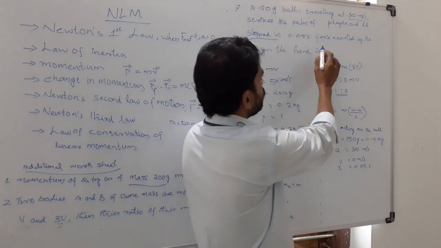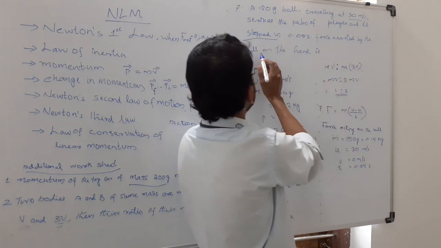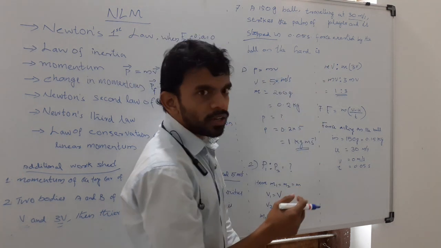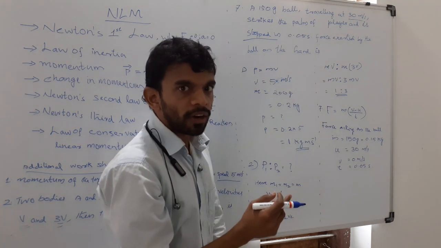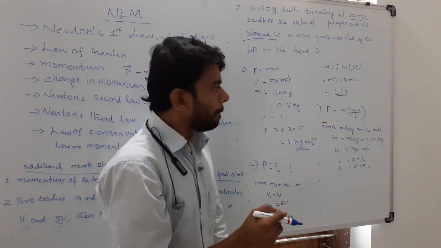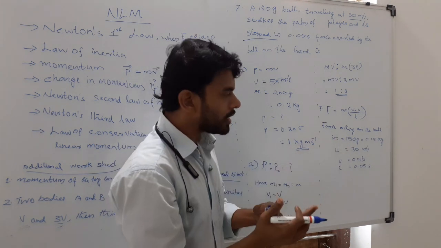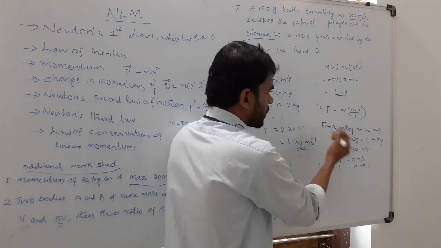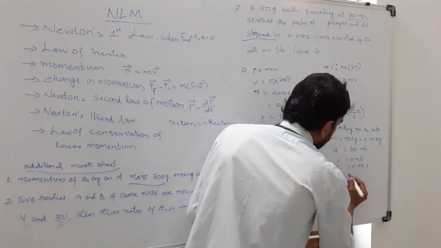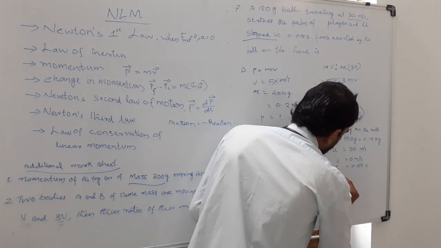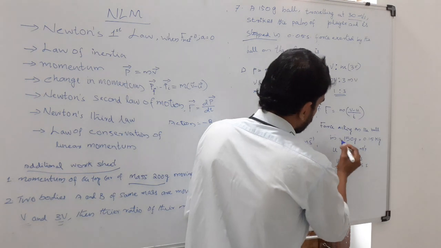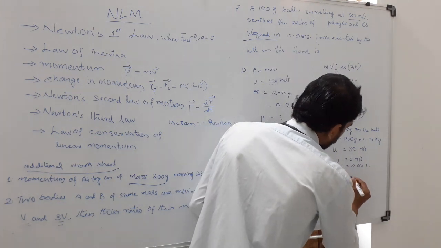What we are asked to find is the force exerted by the ball on the hand. Force acted on the hand we have to find. But first we are finding the force exerted by the hand on the ball. So force acted on the ball, we can write F is equal to, substitute the values.